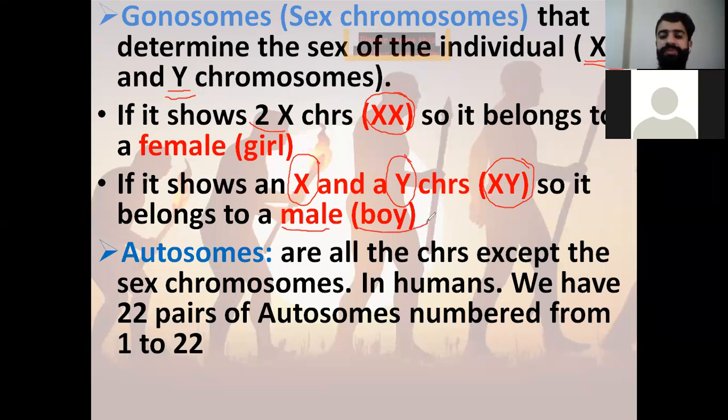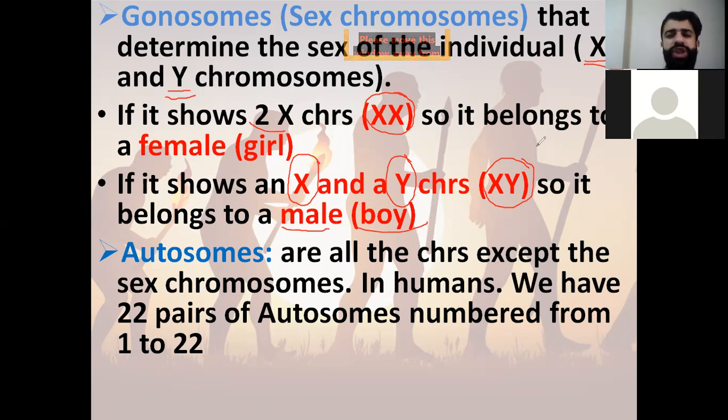So, what are the gonosomes? They are the sex chromosomes. They determine the sex of the individual, whether it's a male or a female. If it shows two X chromosomes, it belongs to a female. If it shows an X and a Y, so it's XY, it belongs to a male.